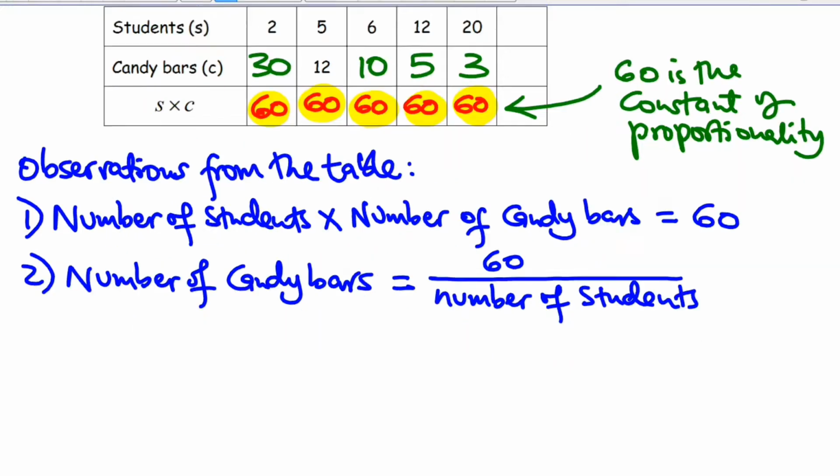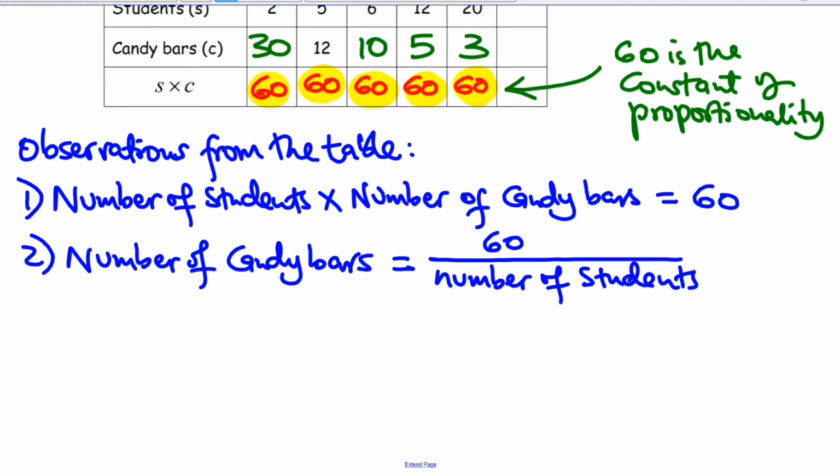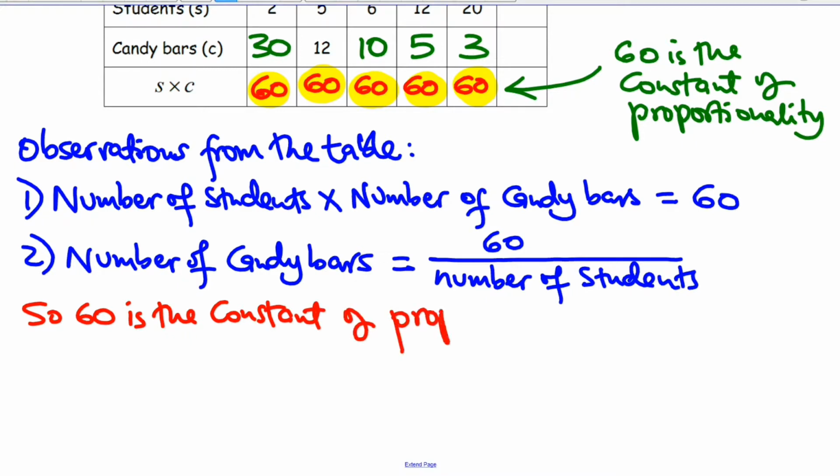So we can write here and say, 60 is the constant of proportionality because it relates the two amounts.